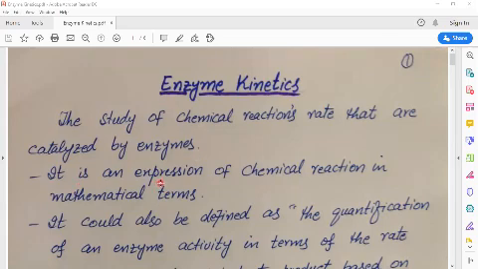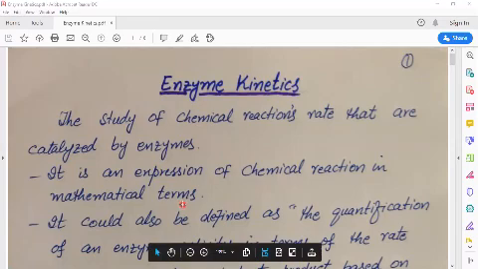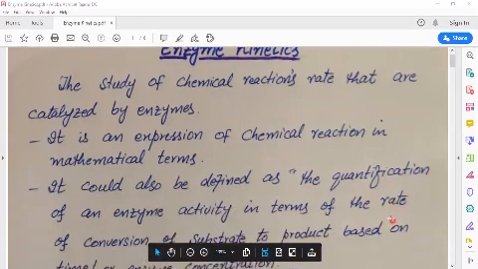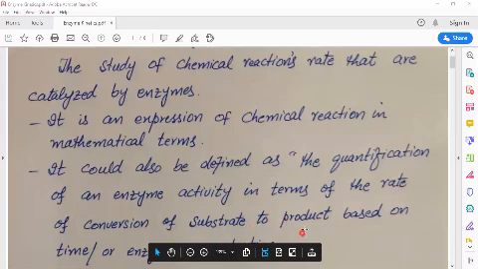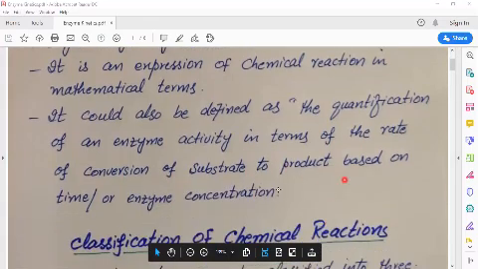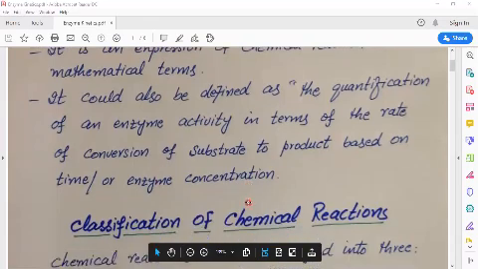It is an expression of chemical reaction in mathematical terms. It could also be defined as the quantification of an enzyme activity in terms of the rate of conversion of substrate to product based on time or enzyme concentration.